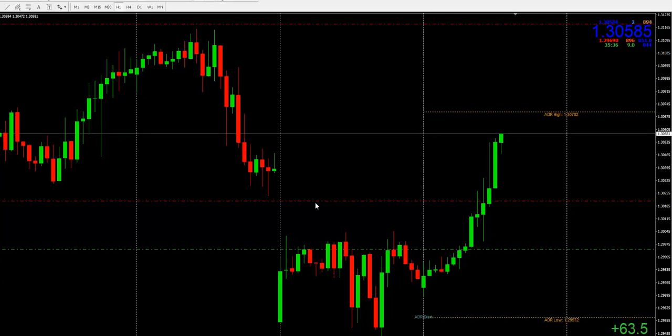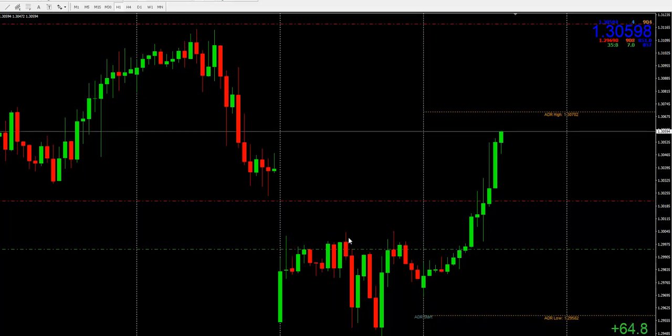Now, one of the ways to trade gaps, in this particular case as there was a gap down, is based on the fact that gaps would usually always be filled at some point. Even as you can see here, there was a gap between here and here, and it has been filled today, which means even though the gap happened over the weekend, the gap was not filled on Monday.